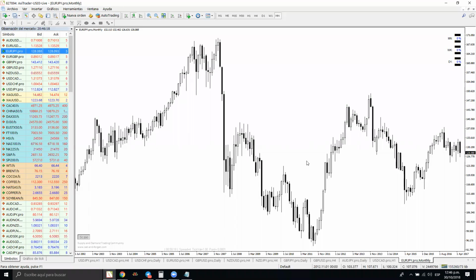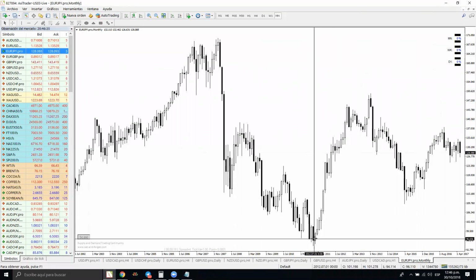With all this, some people can interpret that the price is reaching higher, but the price is not going to be higher unless it breaks this structure, unless it breaks this support and this resistance.